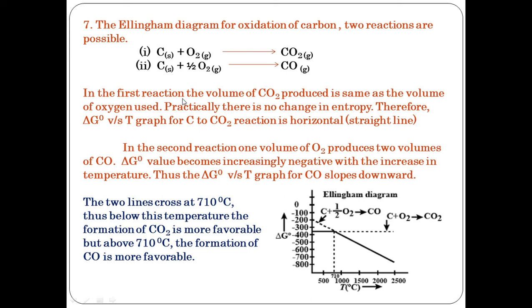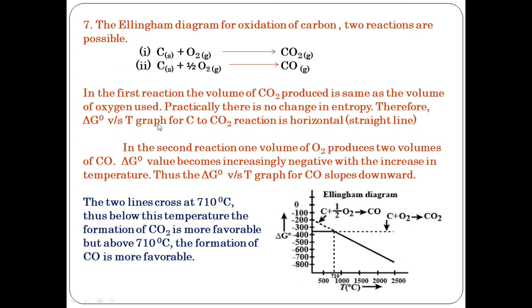In the first reaction, the volume of CO2 produced is the same as the volume of oxygen used. That is, one volume of carbon dioxide is produced by using one volume of oxygen. Therefore, practically, there is no change in the entropy.